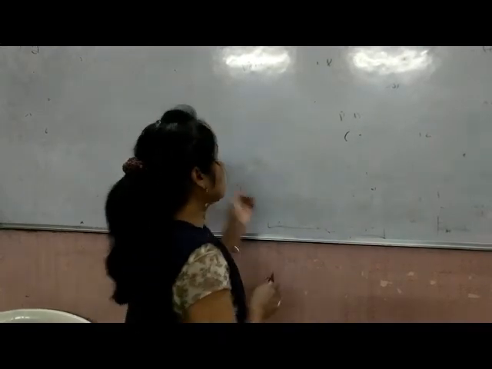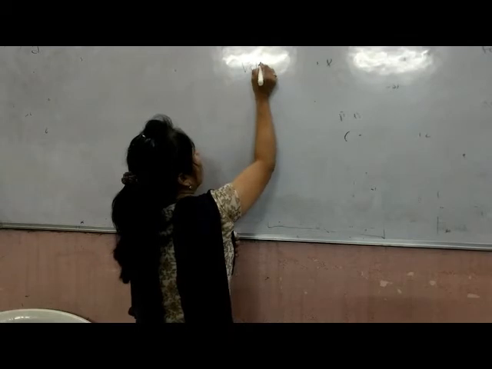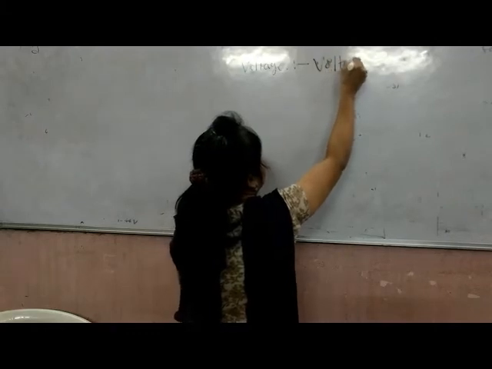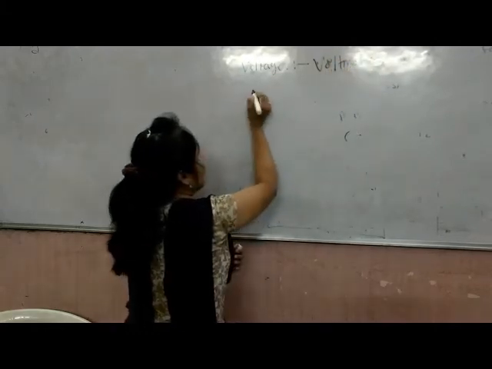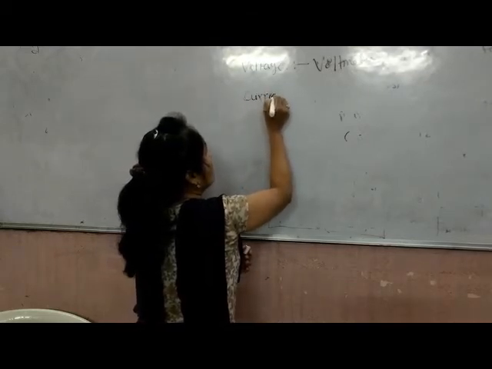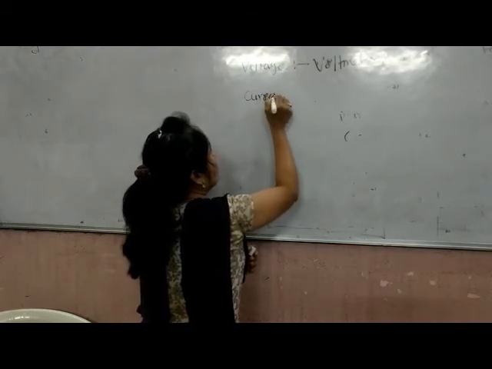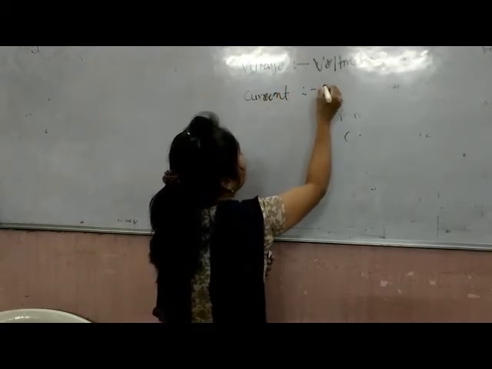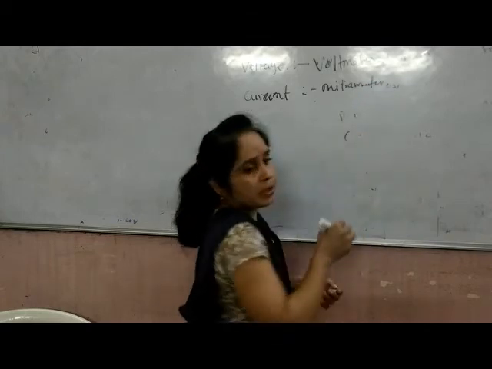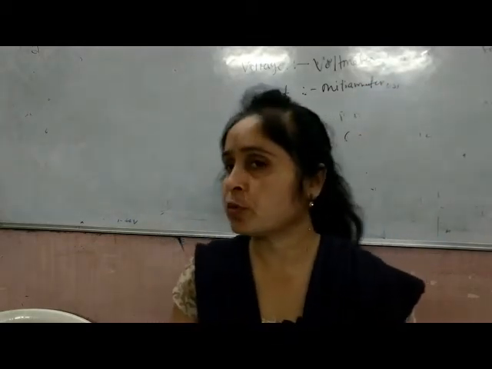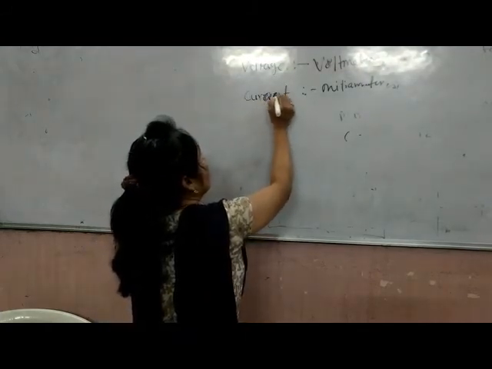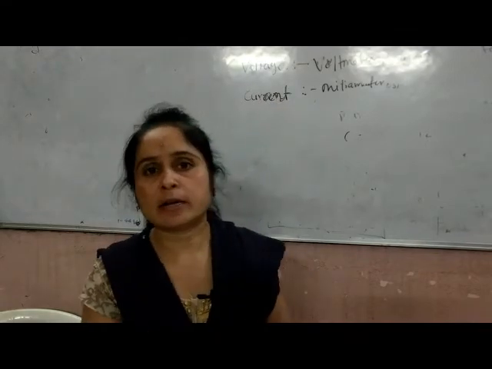Voltage we have to measure with various instruments, such as a voltmeter, and current with a milliammeter, micrometer. Various types of instruments can be used to measure voltage and current.